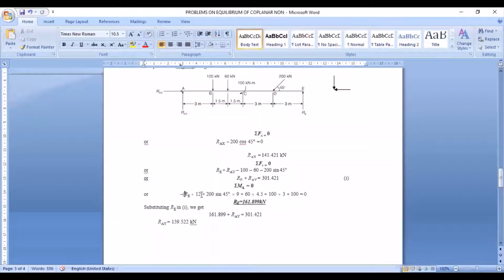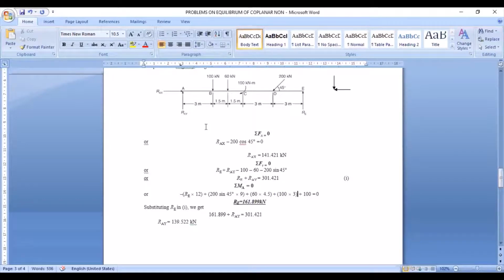Out of 8, 3 forces are passing through the moment center. Since they do not have any distance of separation, they become 0. So we shall see which are those 5 components.